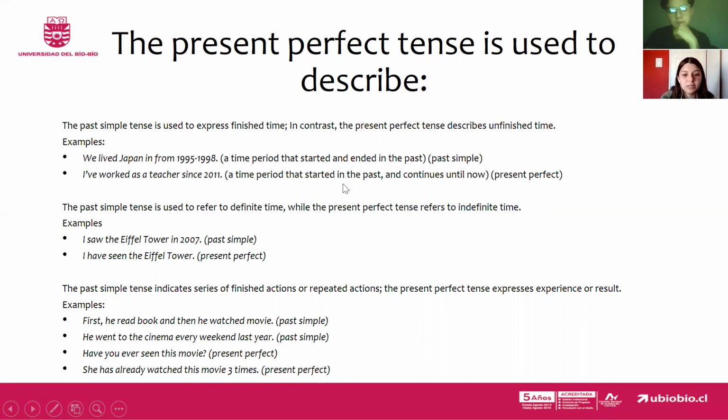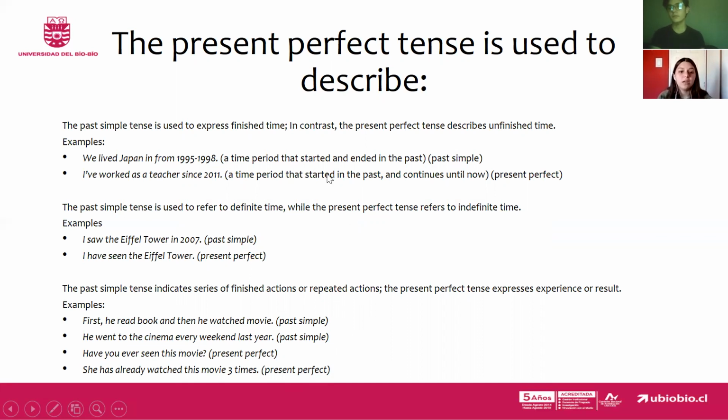Then we have that the present perfect tense refers to indefinite time. So, I have seen the Eiffel Tower. As I was saying, we don't have a specific time frame. And finally, we have that the present perfect tense expresses experience or results, such as she has already watched this movie 3 times, as I was saying before.